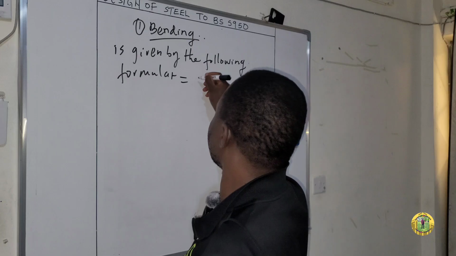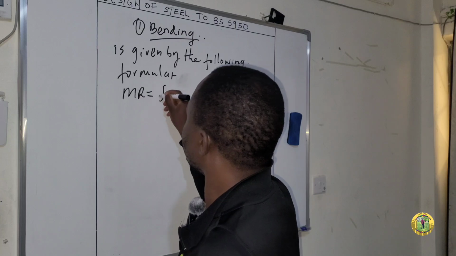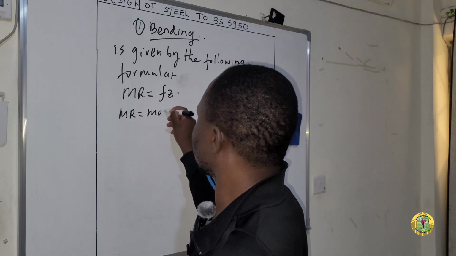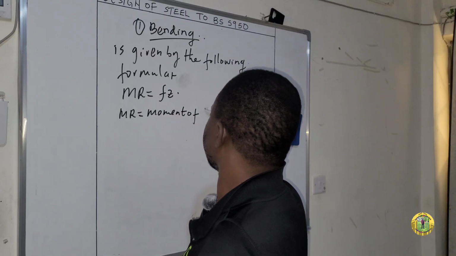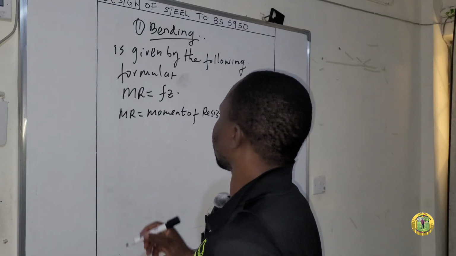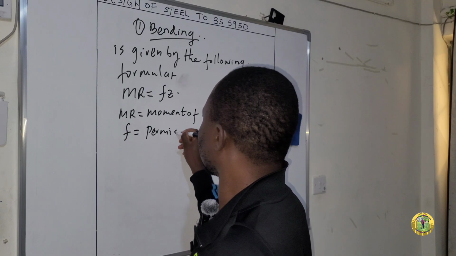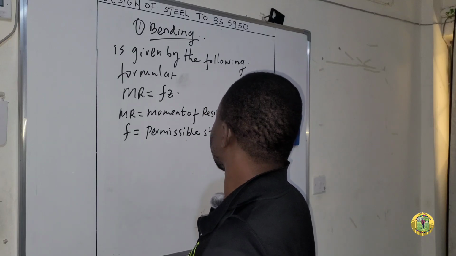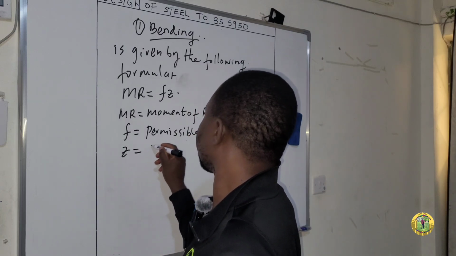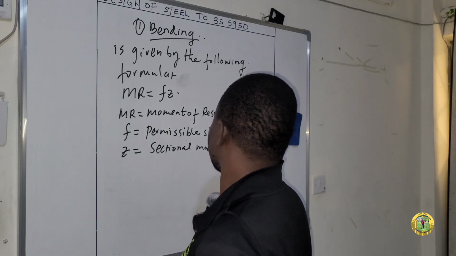MR is equal to FZ, whereby MR is equal to moment of resistance, MU, and F is equal to permissible stress in steel, and Z is equal to section modulus of steel.